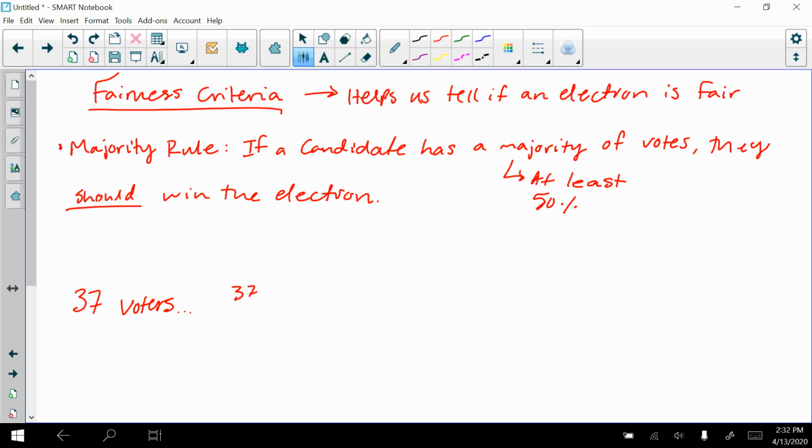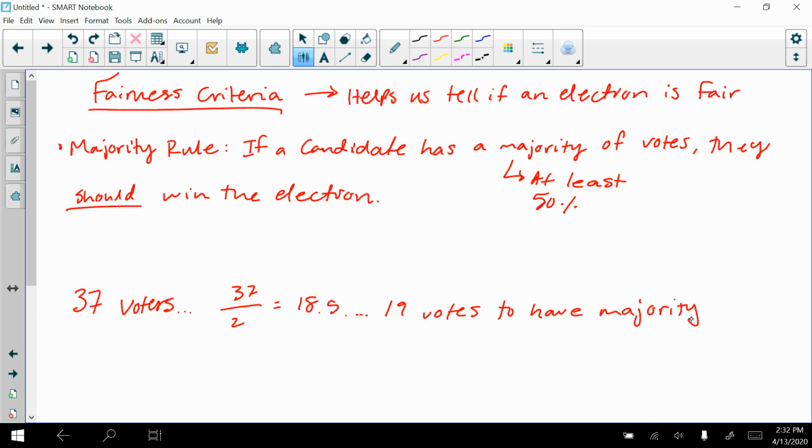So we need to do 37 divided by 2, which gets me 18 and a half. But since we're talking about physical people and votes, we can't have half of a vote. So we need to round that up to ensure that we would get the correct amount. That means I need 19 votes to have a majority in this election.